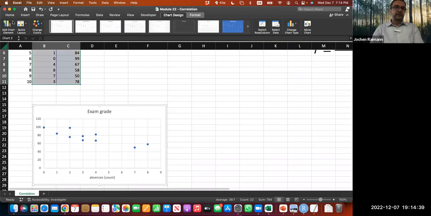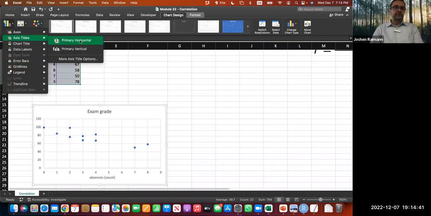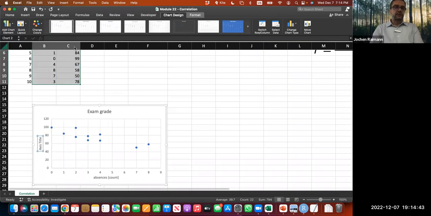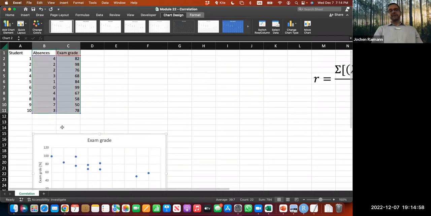Now we're clicking again on the same and doing another axis title, vertically. And this will now be our exam grade, exam grade in percent. Good. So that's our data. What do we need next?